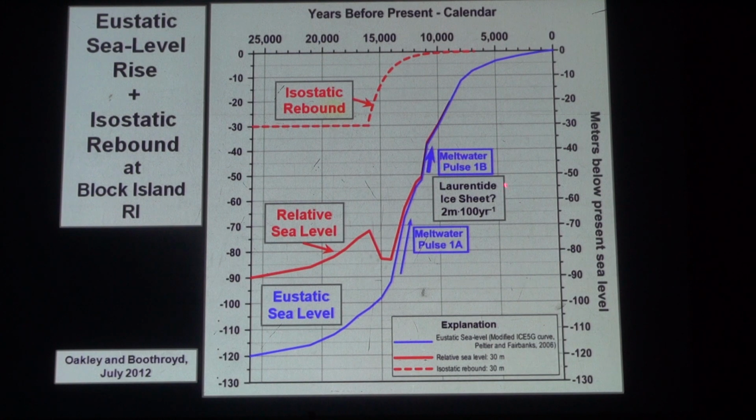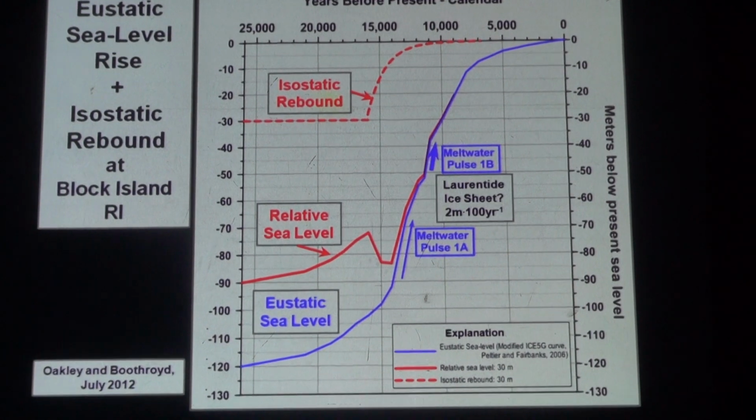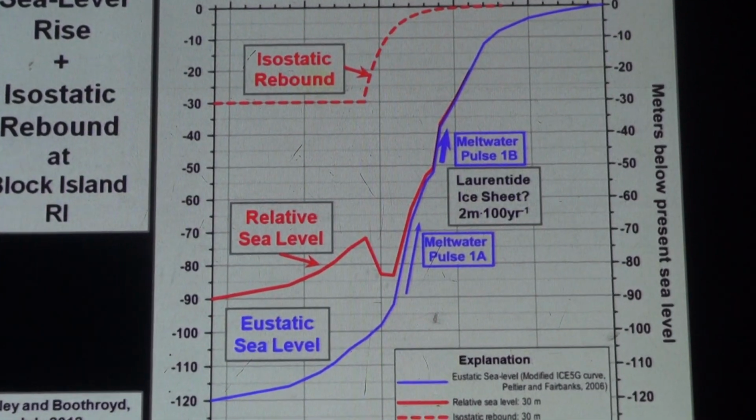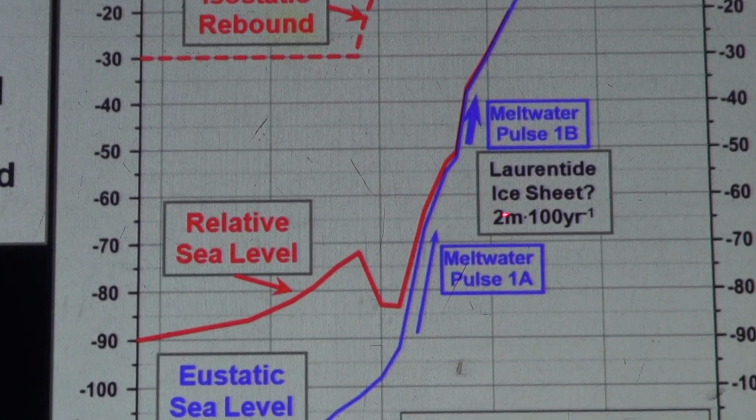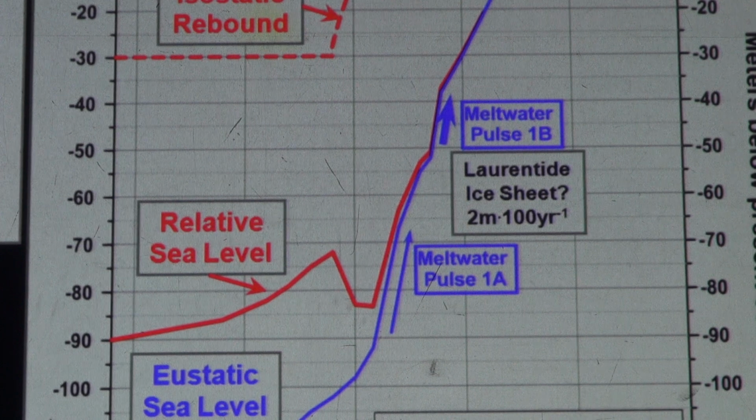And right in here, there are things called meltwater pulses. What happened is somebody pulled the cork out of the bottle of the ice sheet that was here. It's called the Laurentide ice sheet. And sea level may have risen as much as 2 meters in 100 years or a half a meter in 10 years because of the downdraw of ice. And so this is going to be a problem for Greenland now.